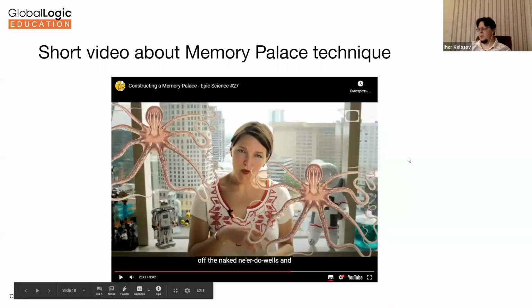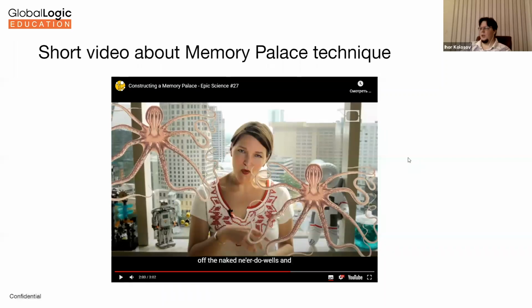In a couple of words about this technique, you create some kind of imaginary objects related to some concepts or some ideas or some contents which you are trying to memorize. And you imagine some kind of familiar place, maybe your flat, maybe some kind of palace, and you place this object there and attach information chunks to these objects in your imagination.